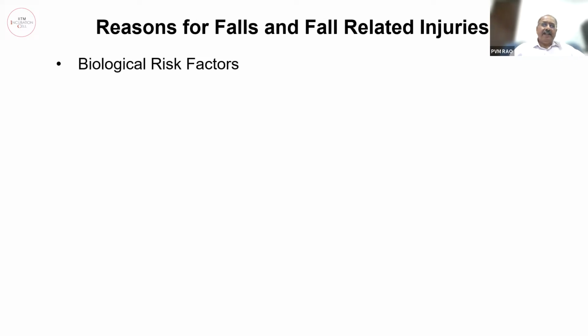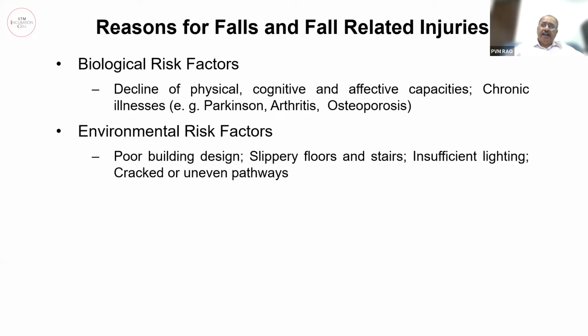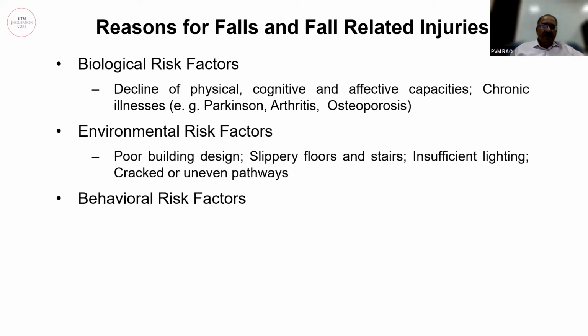One type of factors are related to biological risk factors, such as as you age, your physical and cognitive capacities go down, and somebody may be having a specific illness like Parkinson's, or arthritis could be another reason. There are also a lot of environmental risk factors. For example, either slippery floors or, let's say, insufficient lighting, which somebody actually mentioned in the solution also, that there should be well illuminated pathways, etc. There could also be reasons that are completely a behavioral risk factor.